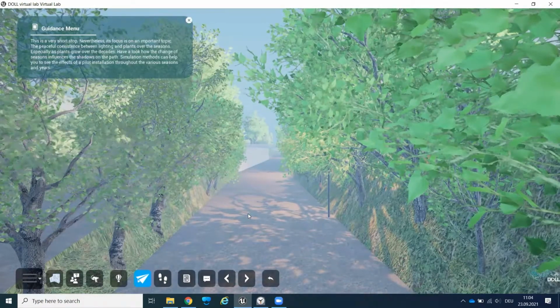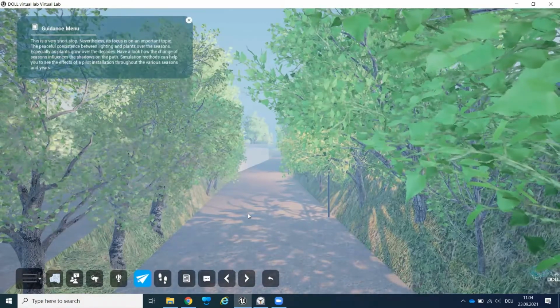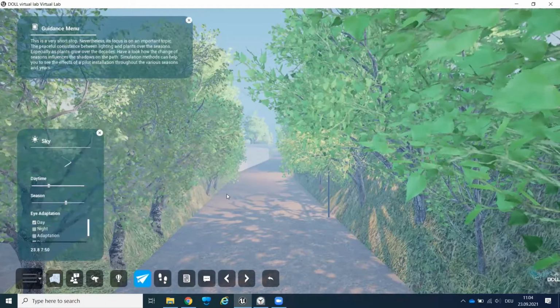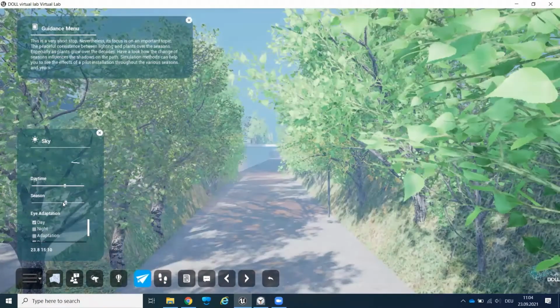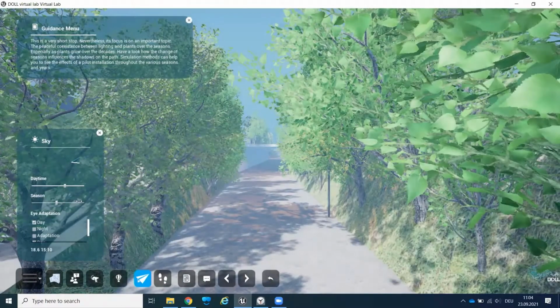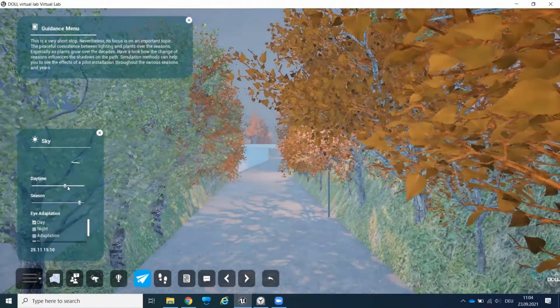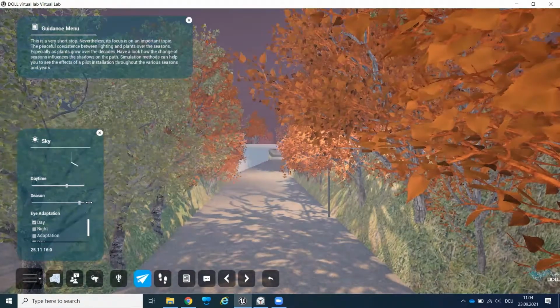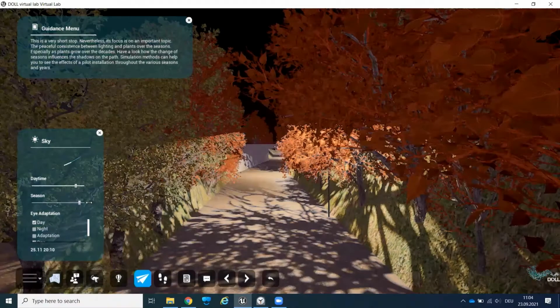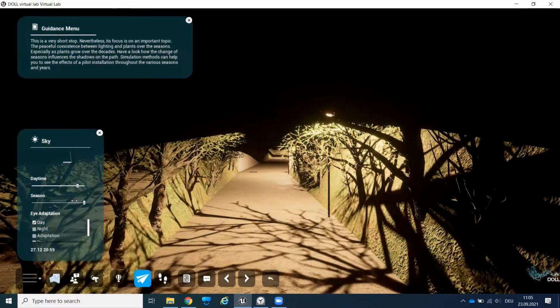So I've moved to one of these bicycle paths that Sorin was talking about beforehand. Again, I can change my daytime, but I can change my season as well. That makes a big difference if we go to nighttime now. If I change towards winter and lose my leaves, it's a completely different picture than looking at it in summer.